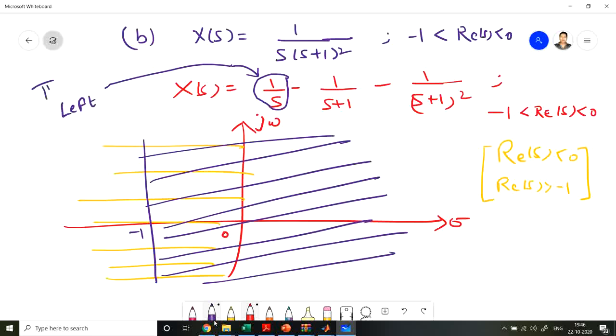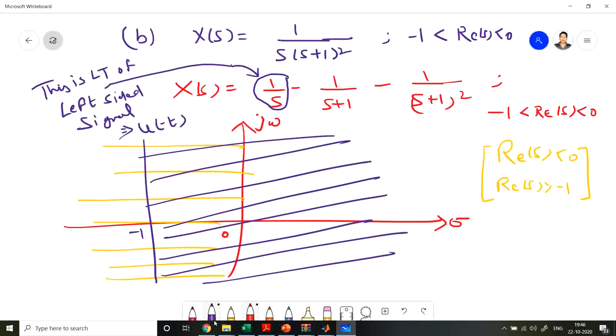So this is the Laplace transform of a left sided signal. And what is that signal? The signal should be u of minus t, because the Laplace transform of u of minus t is equal to 1 by s.